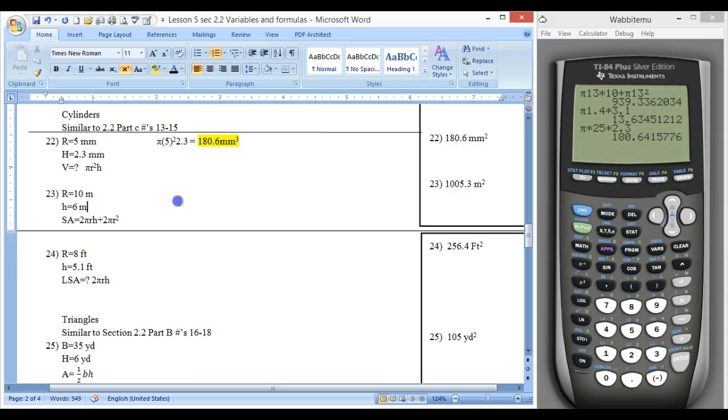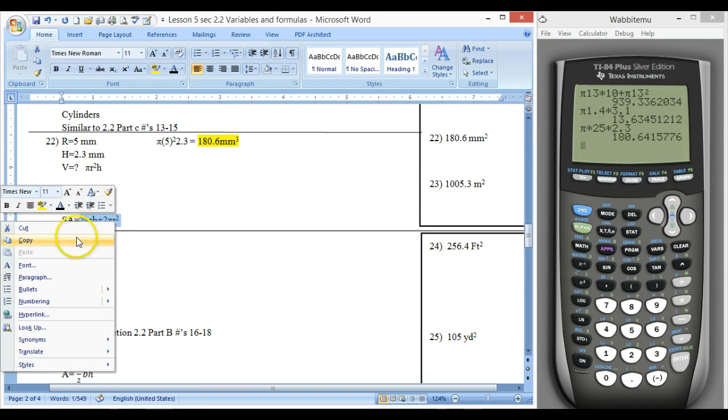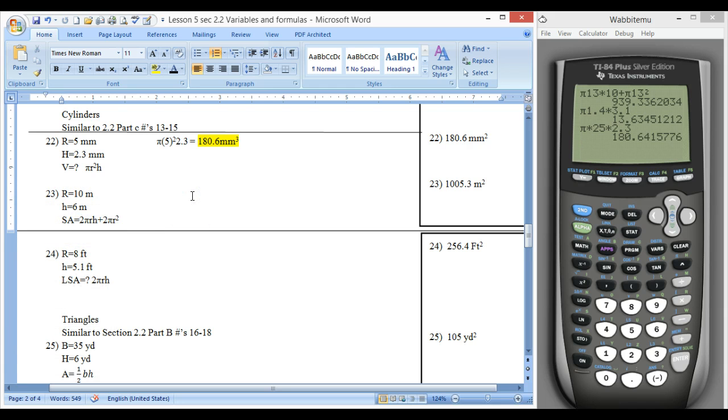Okay, let's talk about the surface area. The formula for this is 2 pi r h plus 2 pi r squared. I'm going to actually copy and paste this up here. This is kind of fun, and so it'll speed us up just a little bit.